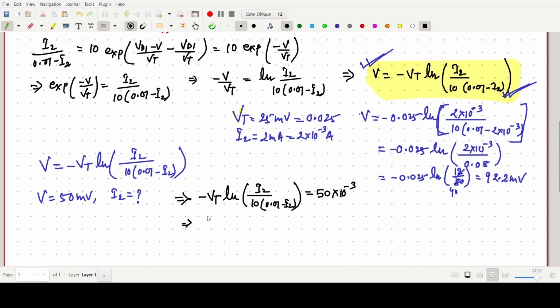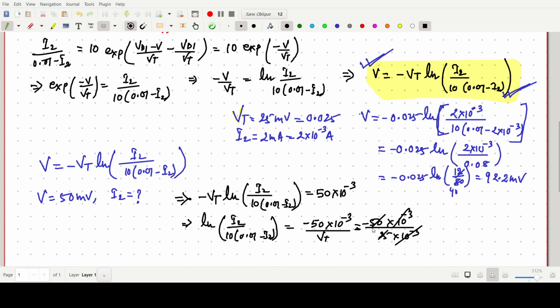So I2 by 10 times of 0.01 minus I2 equals minus 50 into 10 to the power minus 3 by Vt. Vt is 25 millivolt, so minus 50 into 10 to the power minus 3 by 25 into 10 to the power minus 3. So this should be minus 2. Okay, minus 2.